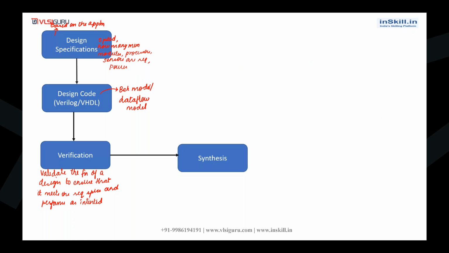During synthesis, the behavioral and data flow level model code will be converted into a structural form, or we can call it a technology node specific gate level netlist.